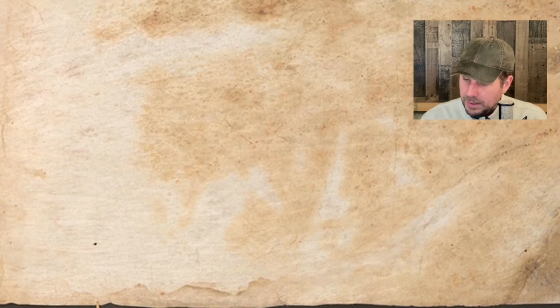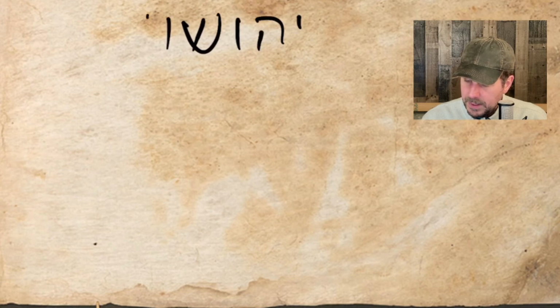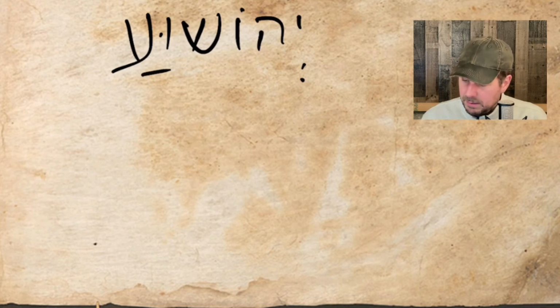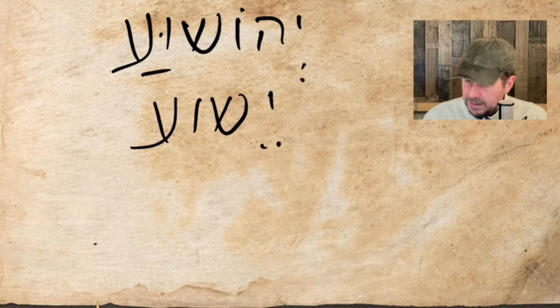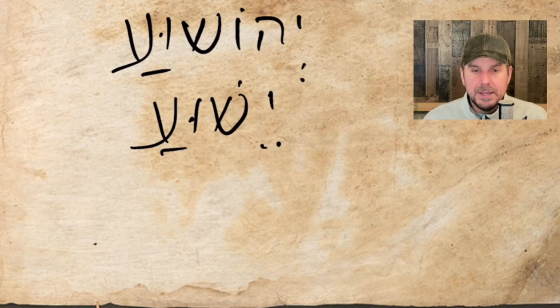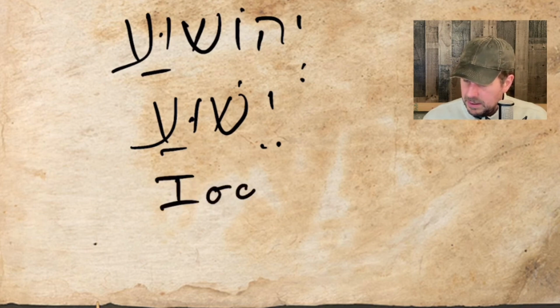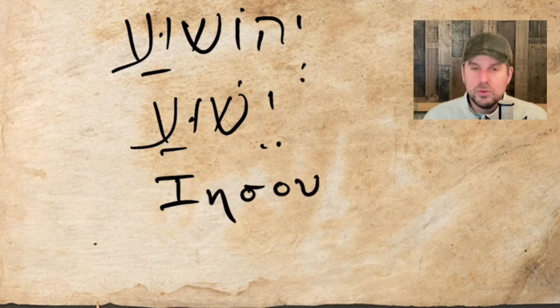So, while it's true that originally we see Yehoshua, and it becomes shortened to Yeshua in the Aramaic texts, we then see it spelled pretty much consistently Yesu with the endings.